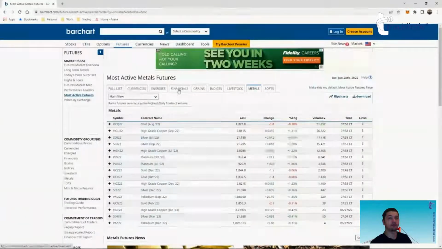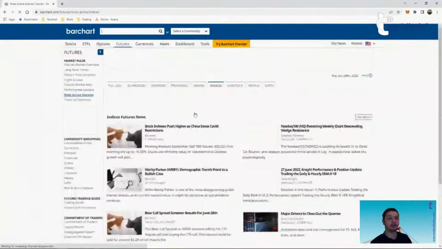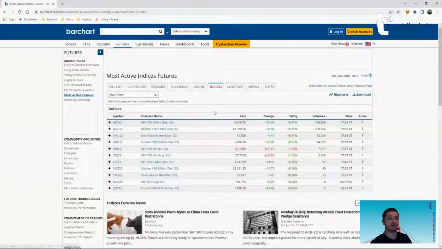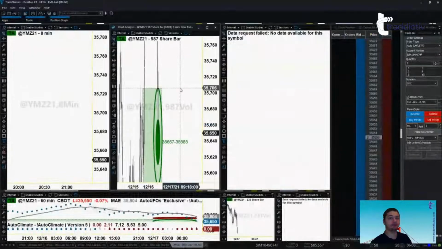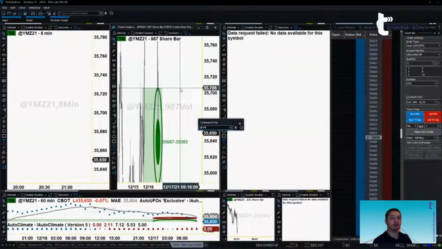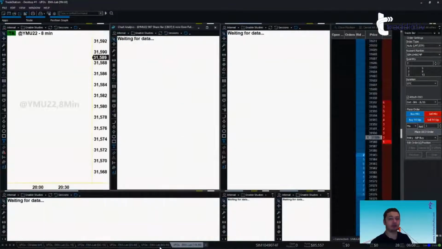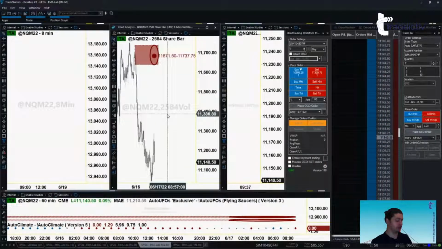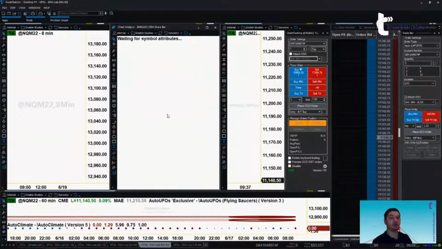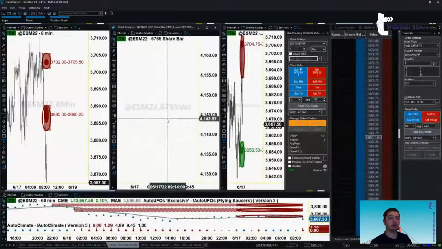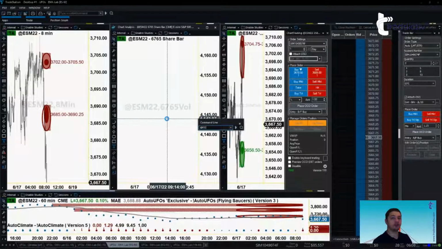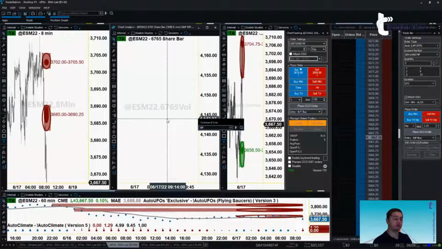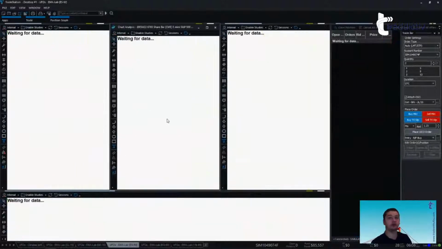Let's not get ahead of ourselves, right? Just check this. ESU, NQU, YMU22. This is already on M. NQU22 and ESU 22.